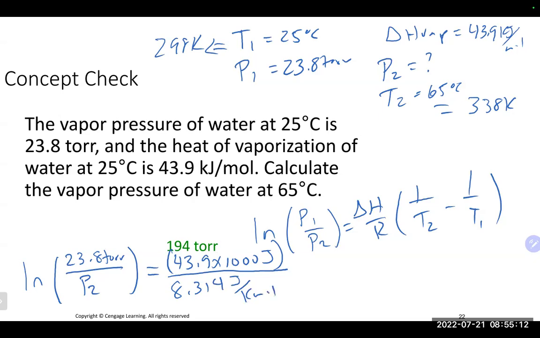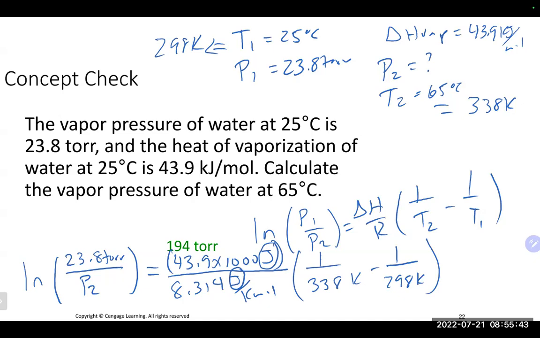People leave the top in kilojoules, the bottom in joules, and they're off by that factor of 1,000. So at some point you've got to do a conversion, so you can convert the kilojoules into joules, or you can convert the gas constant into kilojoules, but you've got to do that conversion, otherwise you will be off. So you want to watch the units here and make sure that they do cancel correctly. That'll give me 1 over our second temperature, which was 338, minus 1 over our initial temperature, which was 298.